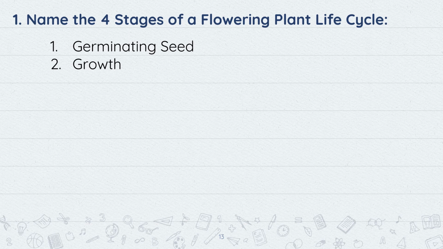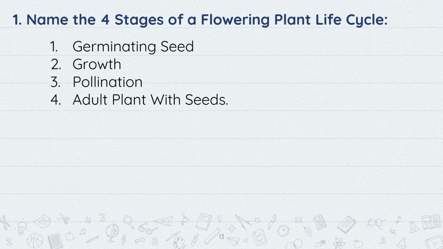Growth, they pollinate or reproduce, and they become an adult plant with seeds. Their seeds fall down and they start again. They germinate, then they grow, they pollinate or reproduce, and they become adults. Same process repeats again and again and many times.